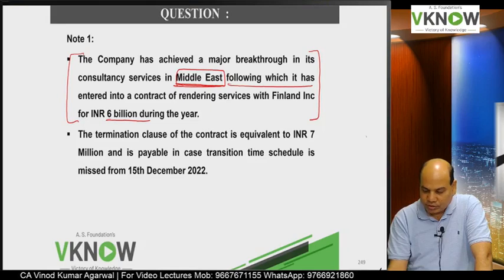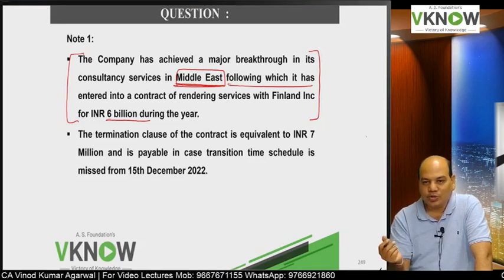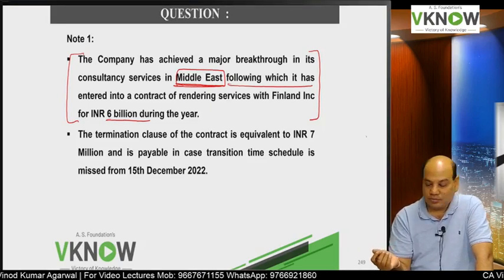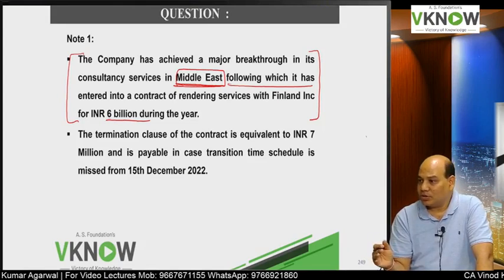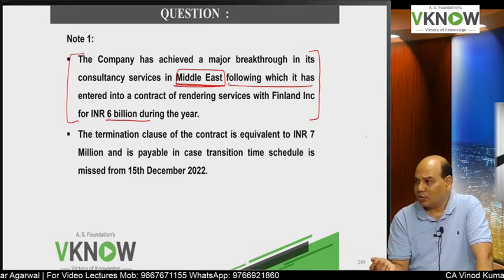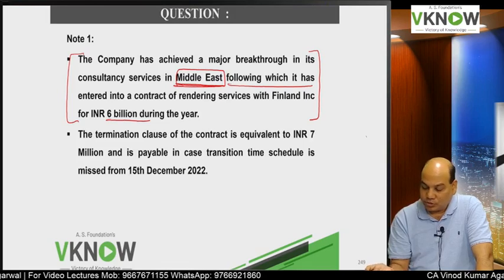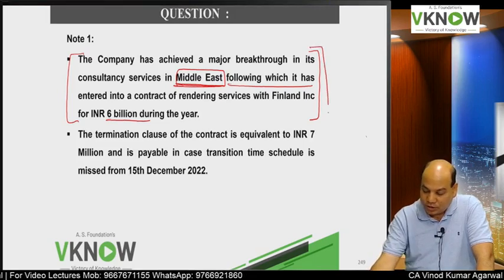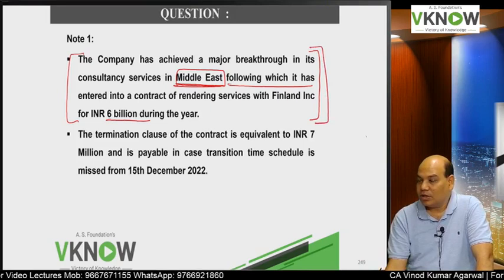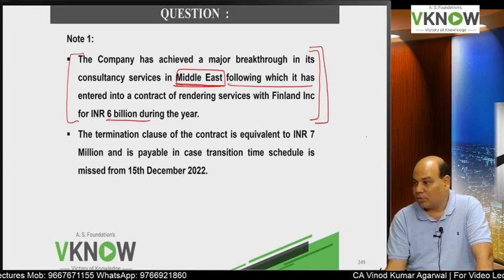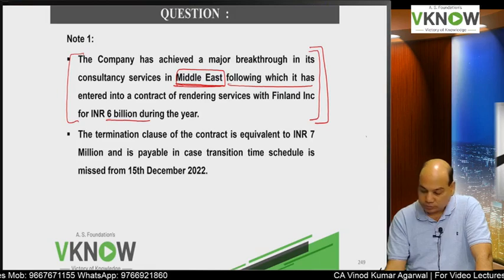No. This is just a contract entered into by a company. So this kind of information is not really required to be accounted for. At the most, if it is significant information, then it can be given in notes to account or in the director's report.